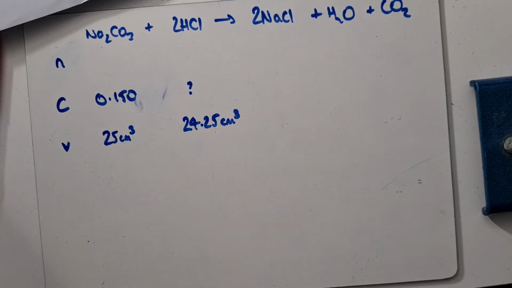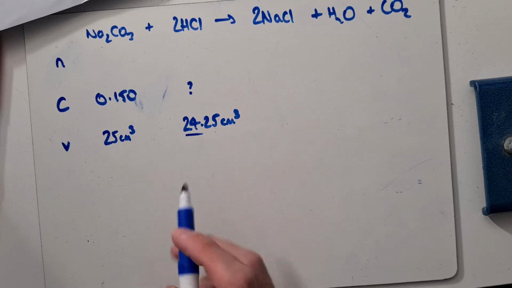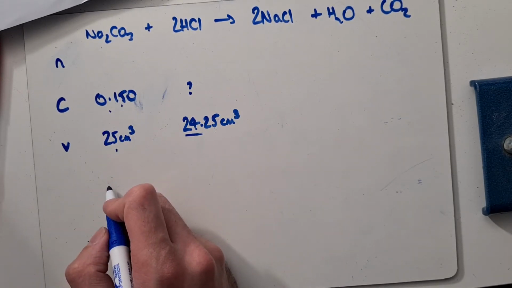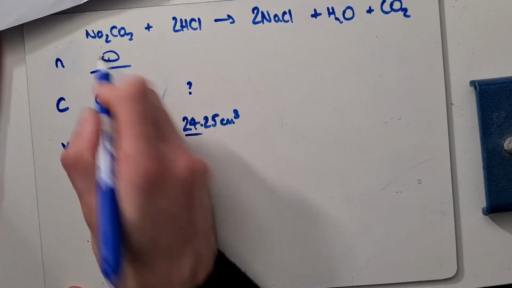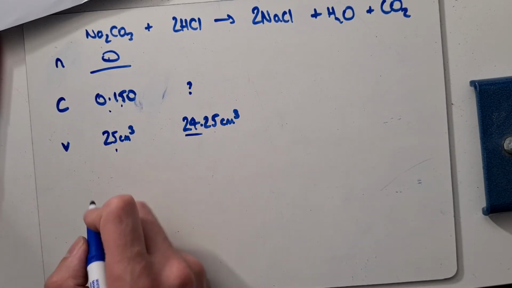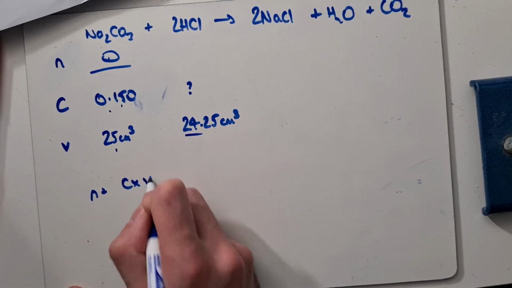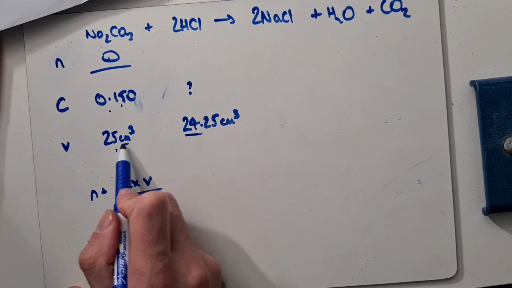Once you've got that in, you can start to look at what you can work out. There's nothing on the HCl side, because I've only got one piece of information. But on this side, I do have two bits of information. So the first thing I can do is work out the number of moles of sodium carbonate. That will be n equals c times v, and I'll have to divide by 1,000, because this is in centimetres cubed.